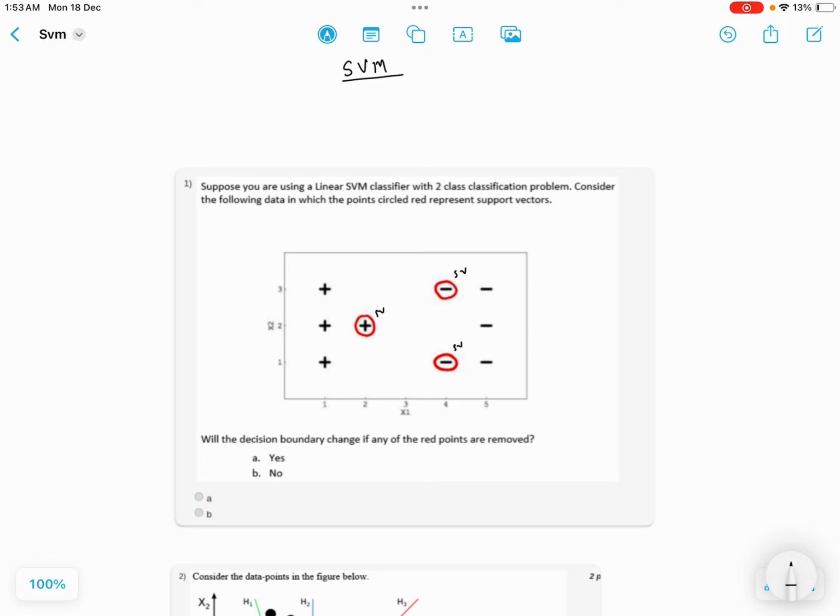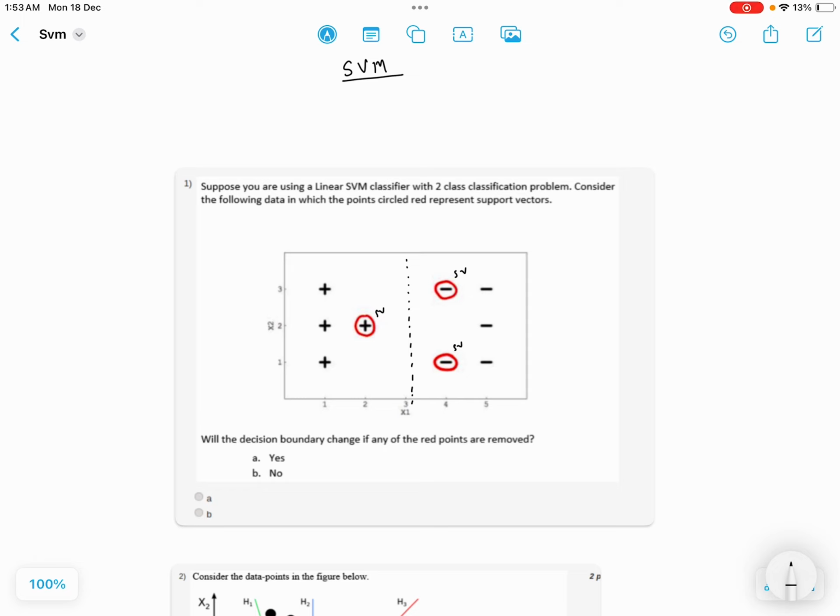Let's suppose that you run the algorithm, and after running you got your optimal hyperplane or line.